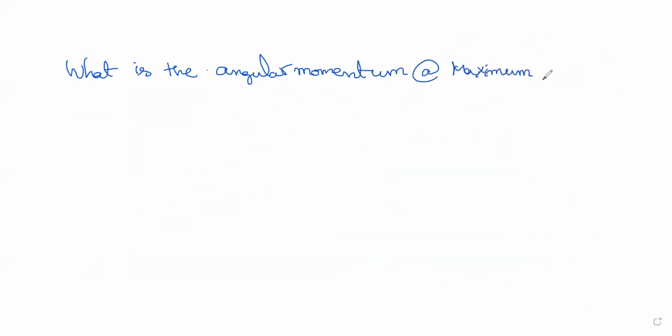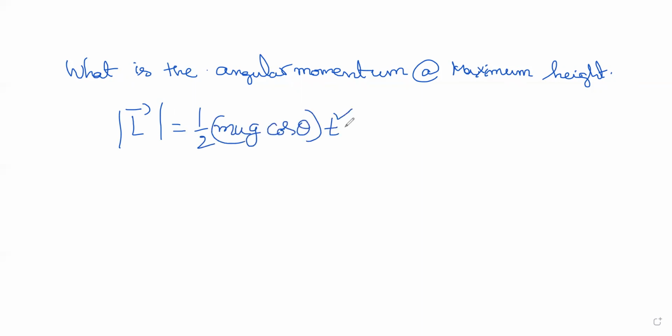To do this, let us find the magnitude. So half m u g cos theta multiplied by t square. This is what you have.